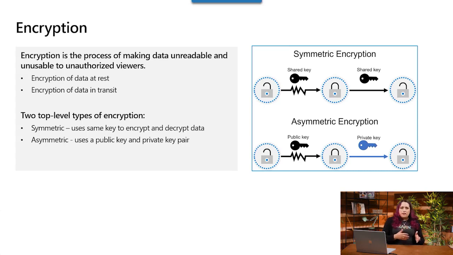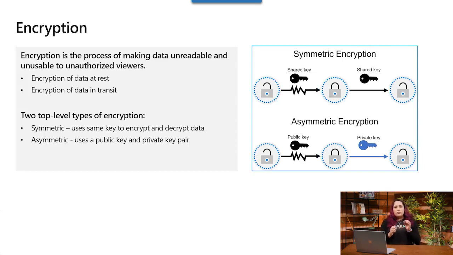The way this works is that you scramble the data in some sort of way, maybe with a key or without, so that it can only be read if you have the correct key to unscramble it. Now you have two different types of encryption, symmetric and asymmetric. These two types determine how that data is scrambled and then how you're unscrambling it.